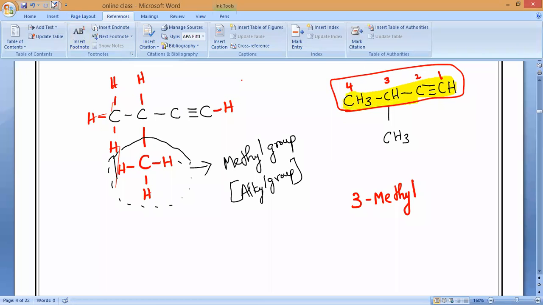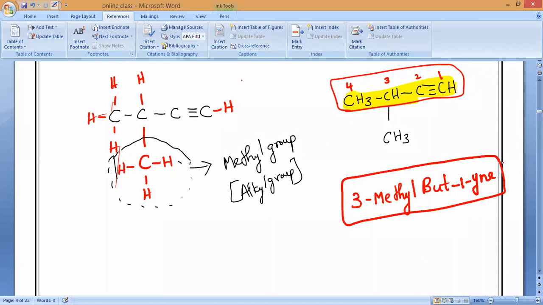Hello? But. Okay. And for which carbon is the triple bond there? After first carbon or after second carbon? After first carbon. So now the name of this one is 3-methylbut-1-yne. Okay, guys. All of you. Yes, sir. That is what it is.